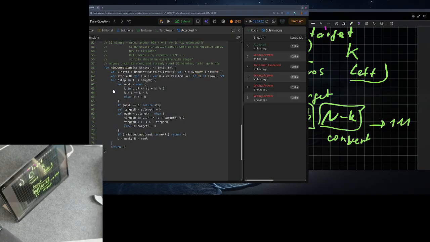And this is a kind of tricky intuition about how you choose the lowest left and the biggest right.